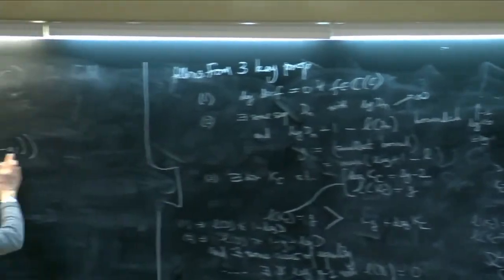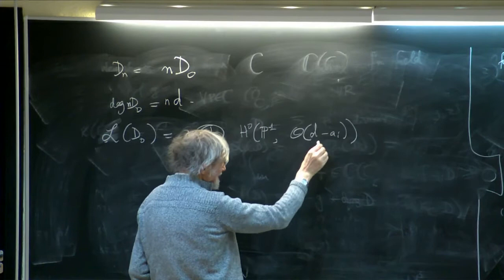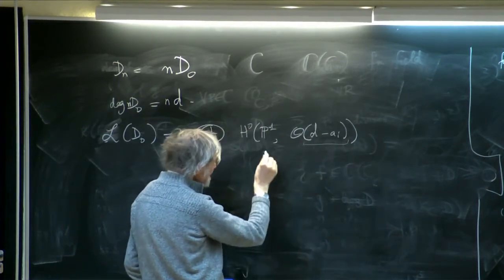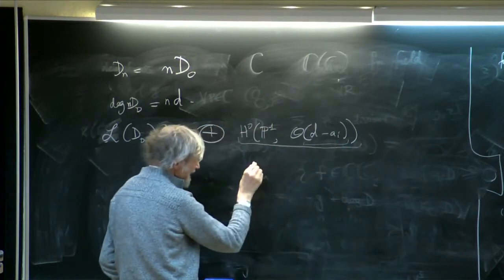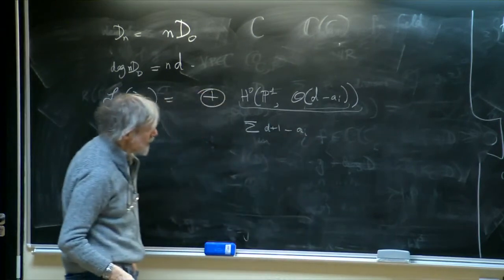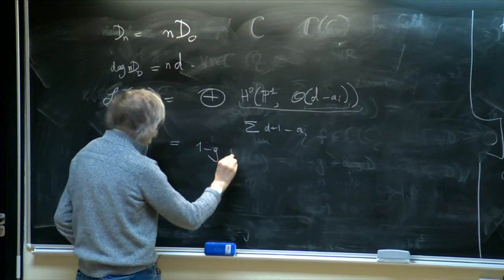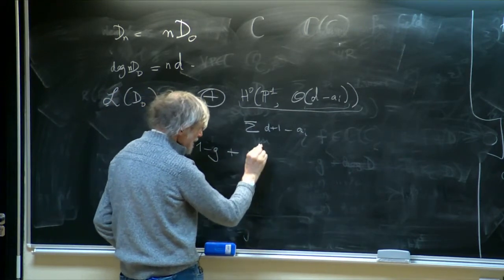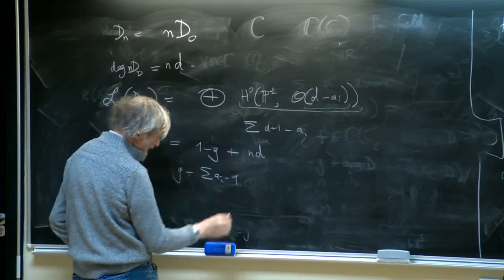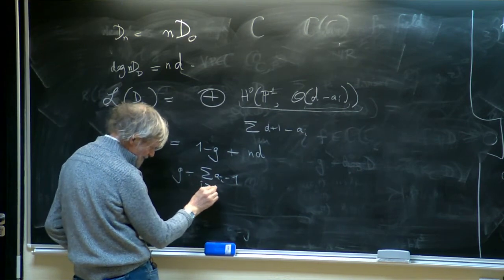So all of these AIs are negative, and so what's this dimension here? This dimension is the sum of D plus 1 minus AI. Right? And the dimension of this is 1 minus G plus ND, where the G is the sum of the AI minus 1, except that it's the sum from I greater than 0.